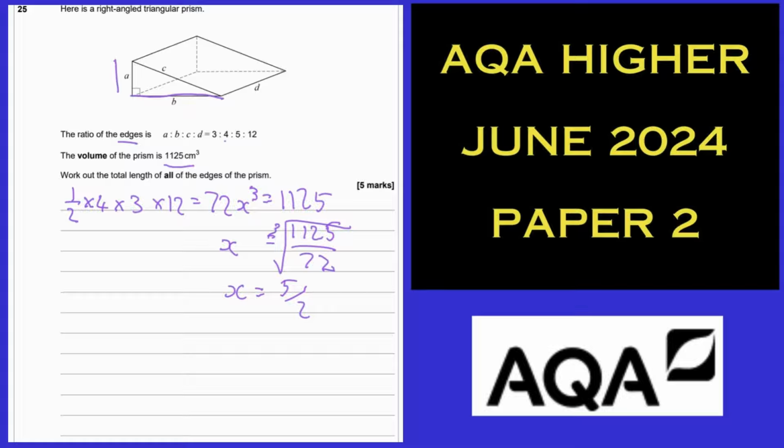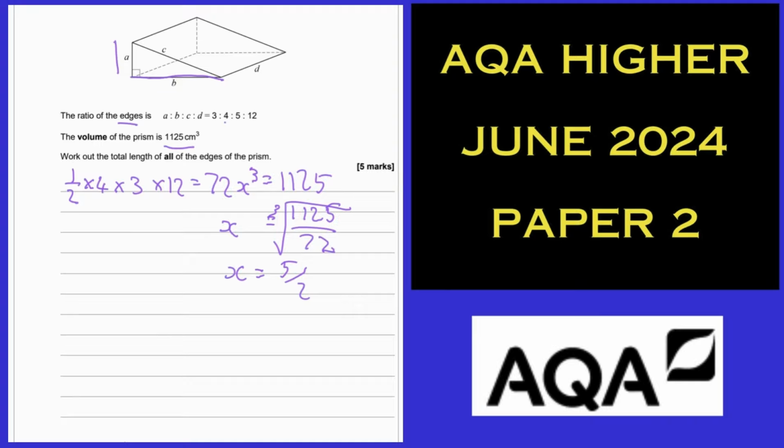And now don't celebrate too soon, because work out the total length of all the edges. You've got a triangle at the front. That's A plus B plus C. There's a triangle at the back. So that's doubled.